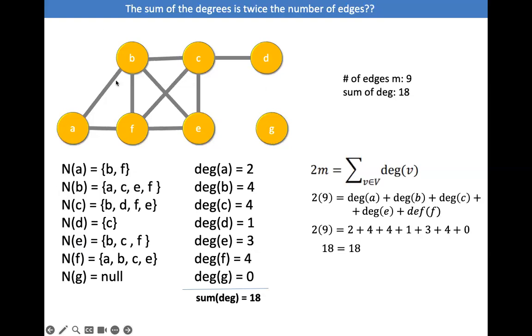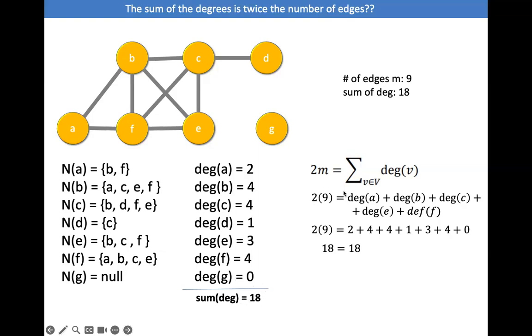We already discussed this in the previous slides, wherein we derived these neighbors as well as these degrees, so we don't have to repeat that again. So how many edges do we have? We have 9. If we count 1, 2, 3, 4, 5, 6, 7, 8, and then 9, right? And if we take the sum of all these degrees, it is equal to 18.